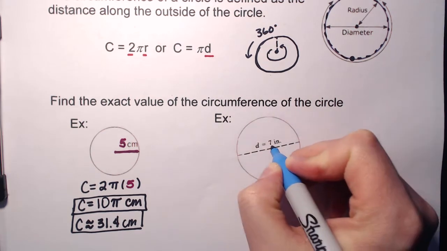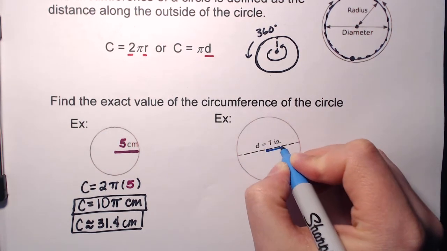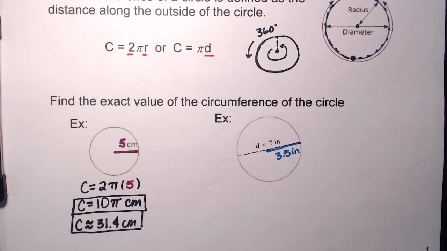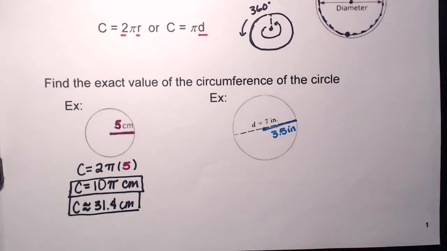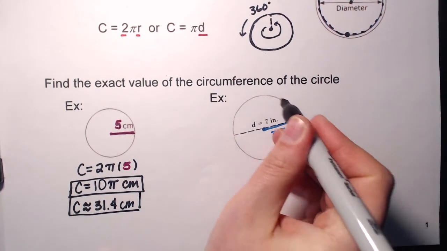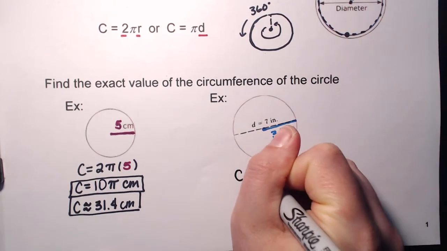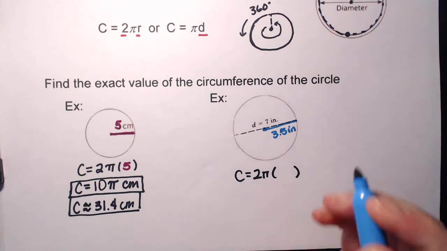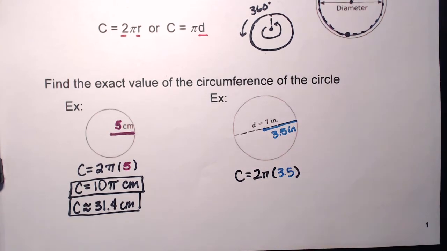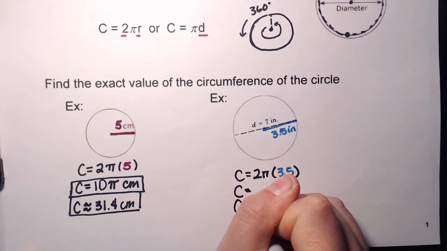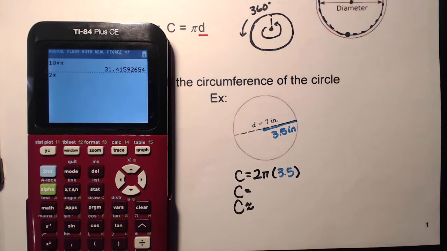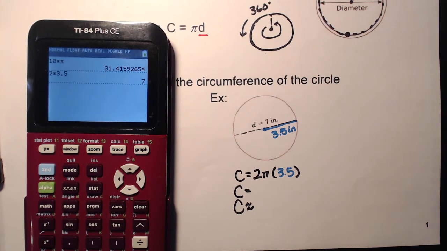Okay, so for this next one, the diameter is 7. Well, if the diameter is 7, that means the radius is half of that. And this is in inches. So our circumference, if we were to walk around, is 2 pi times that value. So again, we're going to have our 2 answers. 2 times 3.5 gives me 7.